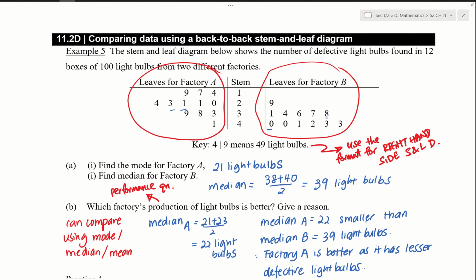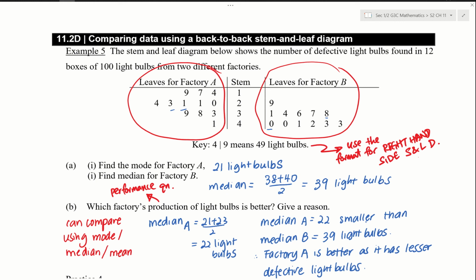Because in part A, we already found the mode and median, then in part B, you can use either the mode or the median where applicable. Because in part B, the setter doesn't want you to spend all the time again calculating the mean.